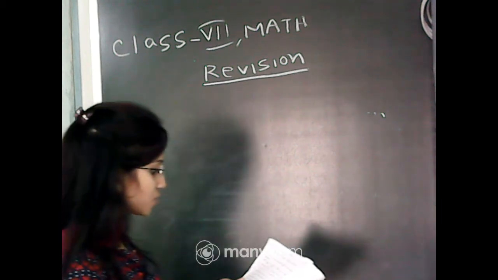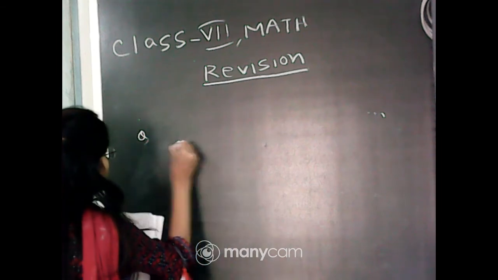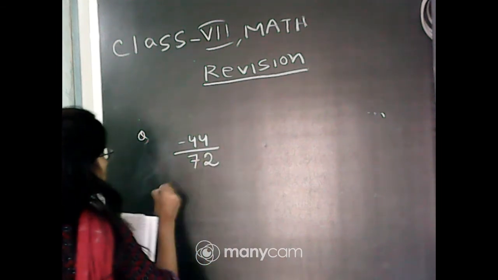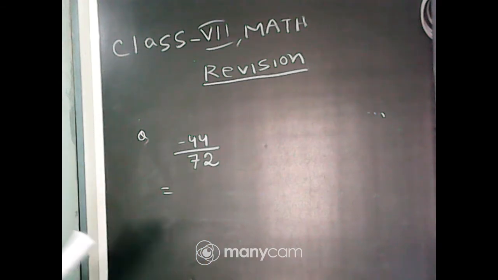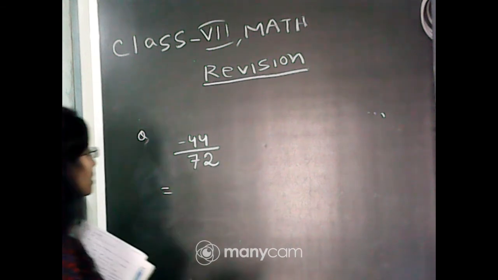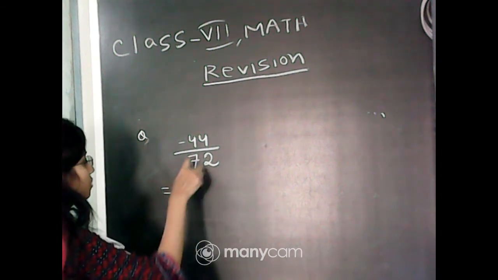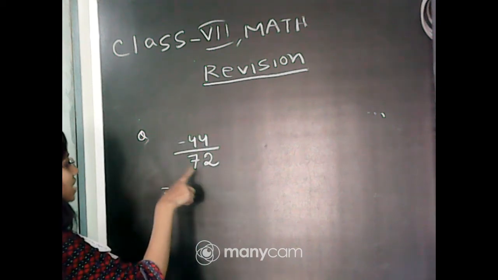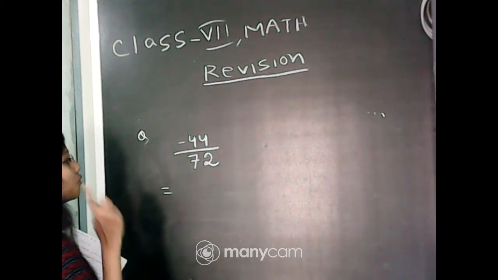Next question is, what's the simplest form of the rational number minus 44 divided by 72? What is the simplest form? Here we see that the denominator is positive and HCF of 44 and 72 is 4.